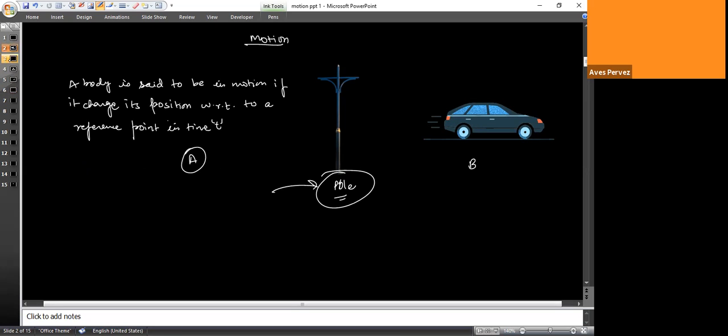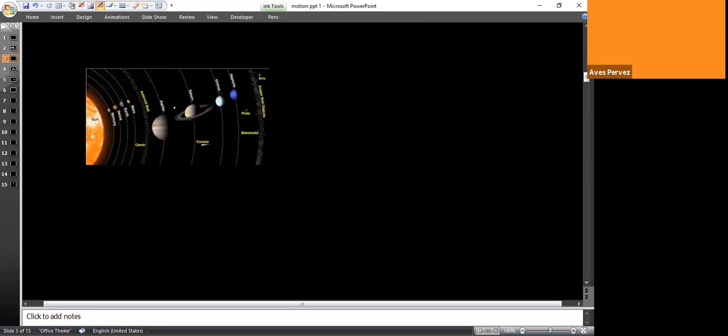For example, just imagine this is our earth, and this earth is moving with respect to other planets, or with respect to a reference point that we can assume is the sun. If we assume the sun as a fixed reference point, the earth is moving around the sun.